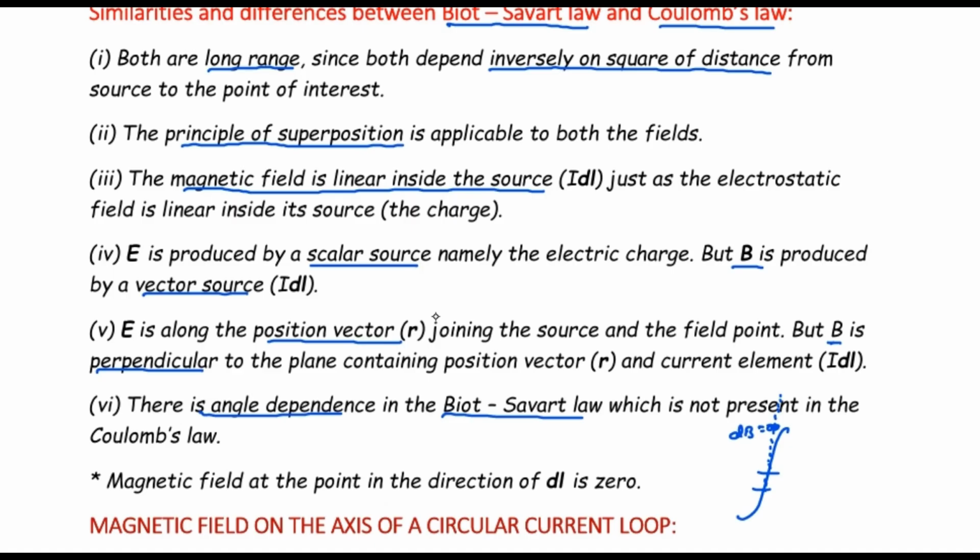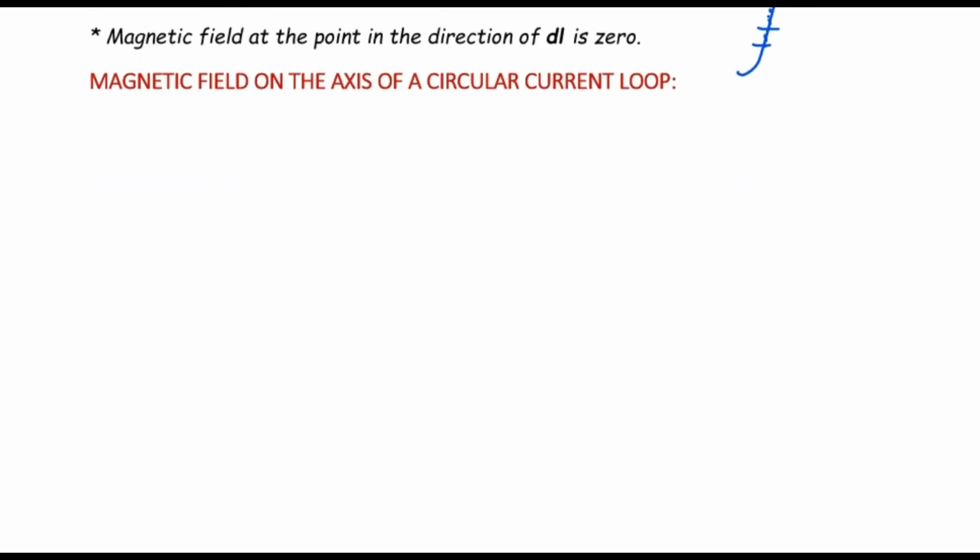So this is Biot-Savart's law. Now coming to one of its applications, that is the magnetic field on the axis of a circular current loop. This current carrying loop also acts like a magnetic dipole. Assume that we are taking a current carrying loop.